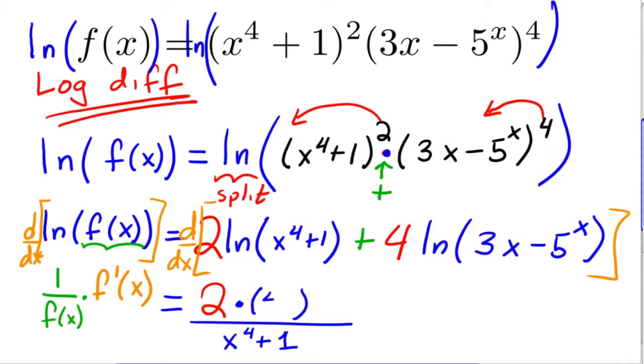So this would be 4x to the third inside. Okay, and then I have a plus, and then 4, and then 1 over.